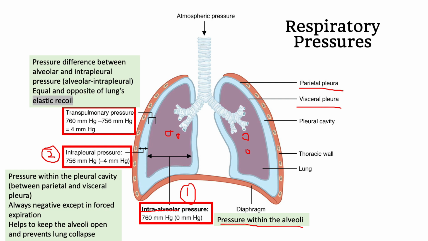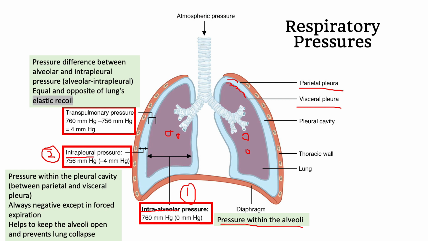This space is actually empty, or a vacuum, but it has a bit of lubricant for the pleura to be able to move without any friction. The pressure of the air inside the pleural cavity is what we call the intrapleural pressure.